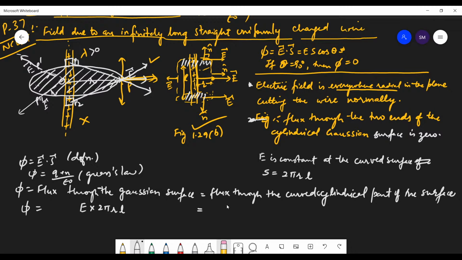So what is this? It is Q by epsilon naught, the charge enclosed.